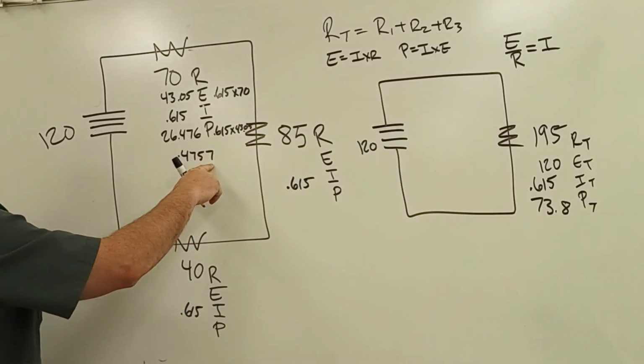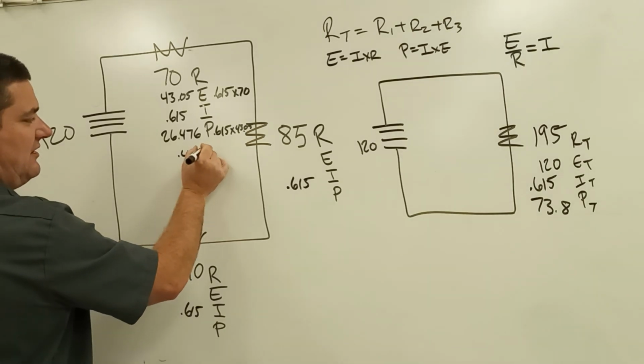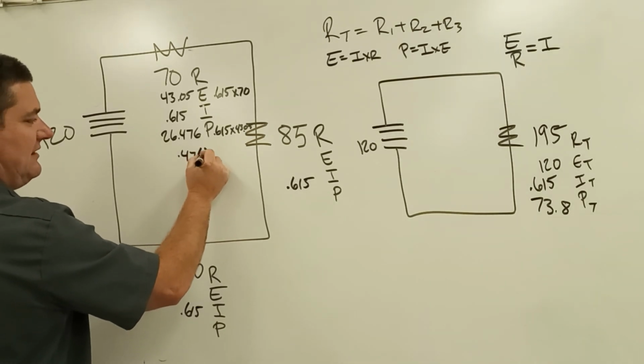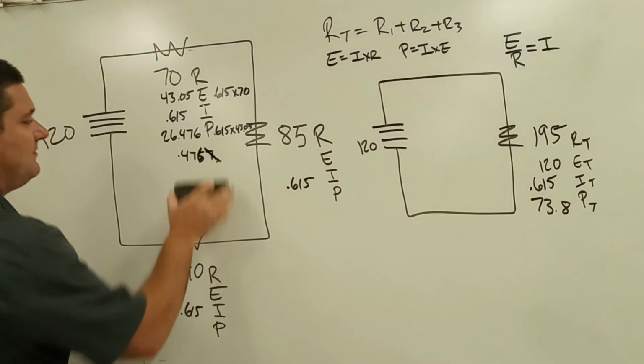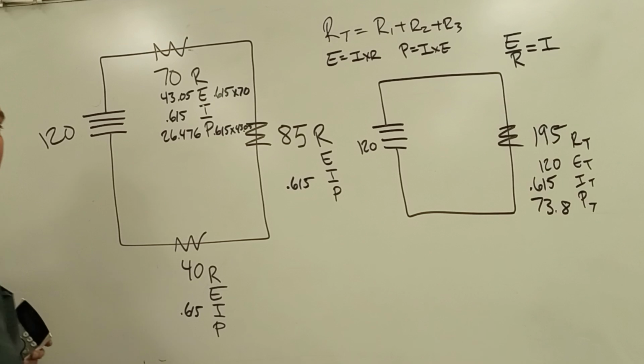Because this is greater than a 5, we cross it off and turn the 5 into a 6. So that's where the 0.476 came from. And we do the same process for each of the resistors.